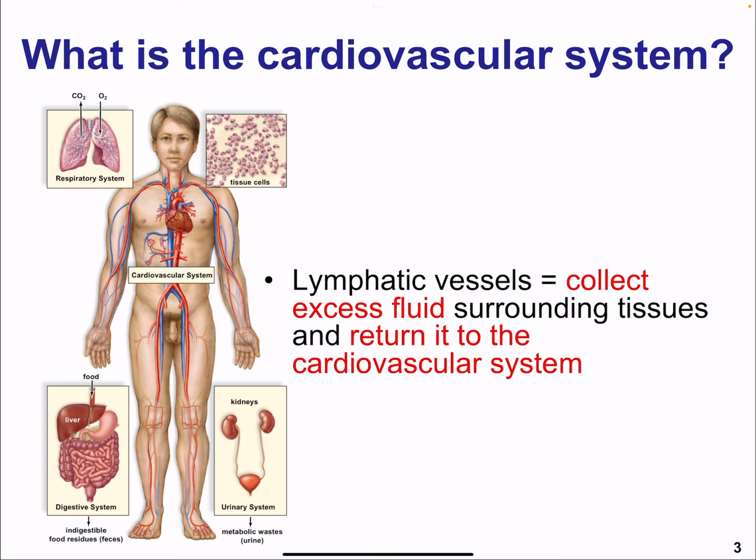And we have the urinary system that works in controlling blood pressure by acting on water-salt balance. In addition, you also have a close relationship between the cardiovascular system and the lymphatic system. And that lymphatic system is going to be focused on collecting the excess fluid that surrounds our tissues and returns that excess fluid that was collected to the cardiovascular system at some point.